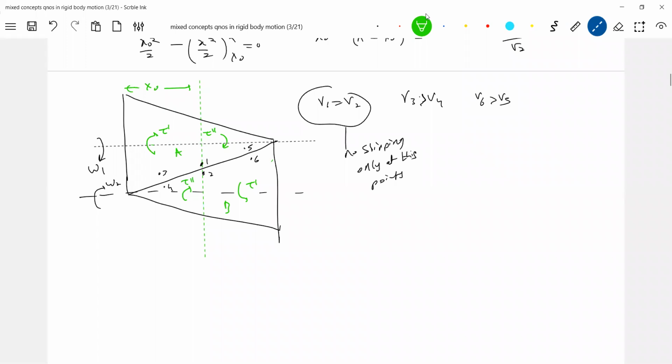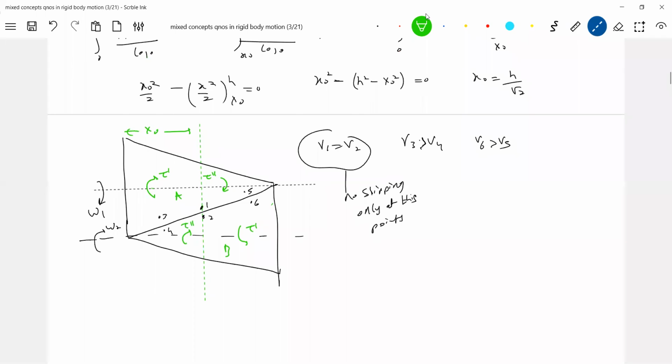So why are we taking help of all this? Okay, I got the point where no slipping occurs. So therefore, I'll take help of this. This is the idea which I'm going to write here now. V1 equal to V2. What is V1 equal to? R1 into omega 1. And what is V2 equal to?